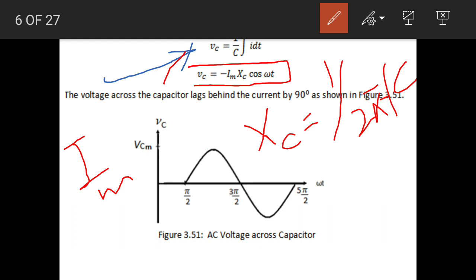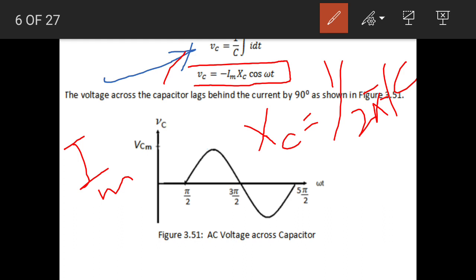So when the frequency is 0, the capacitive reactance will be equal to infinity. The capacitor will block the DC current. We can reduce the capacitive reactance of the capacitor either by increasing the frequency of the source or by increasing the capacitance of the capacitor.